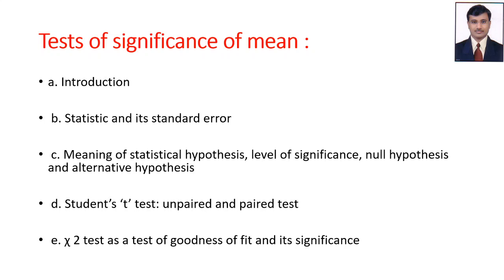Next point, Student's t-test. In that point, we have to study two types of test. First, unpaired test, and second one is paired test. Last point, chi-square test as a test of goodness of fit and its significance. This point we have to study in that topic.